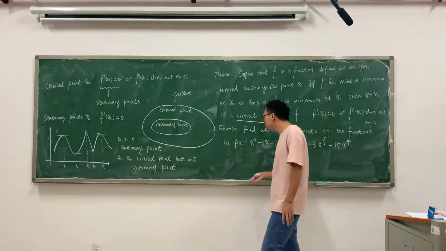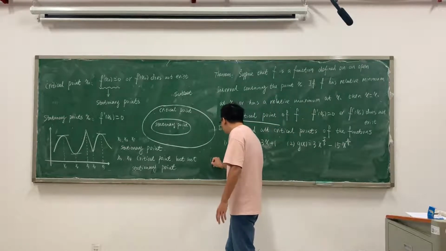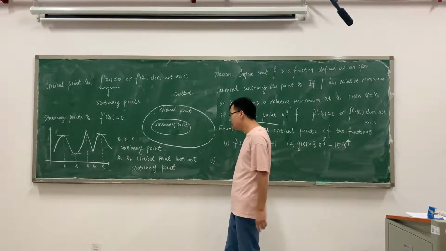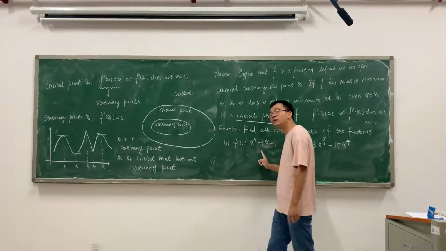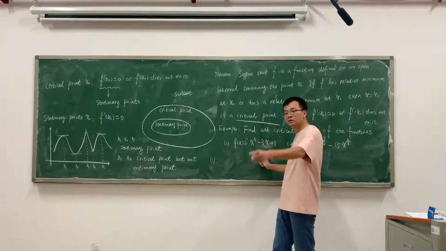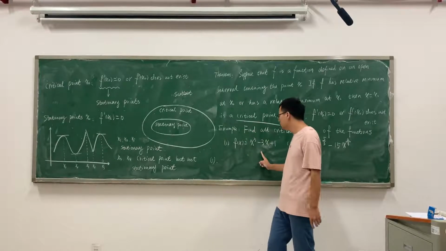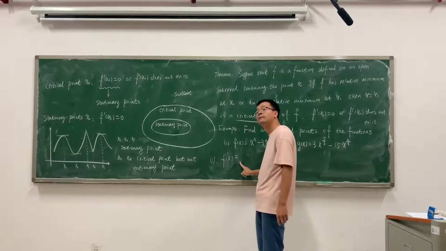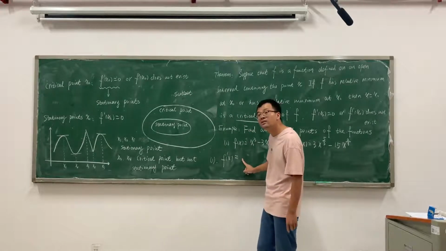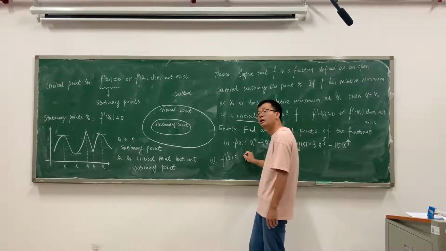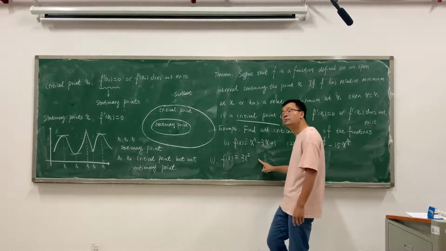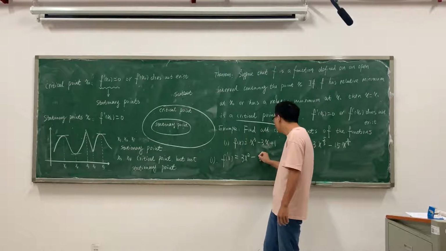So for the first function, the derivative of this function is what? f prime equal to 3x squared minus 3.